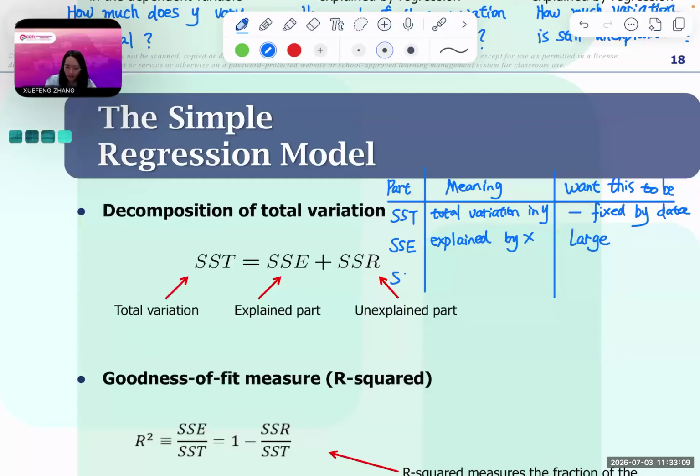And then SSR, this is the unexplained part, also residuals. Of course, we want it as small as possible.